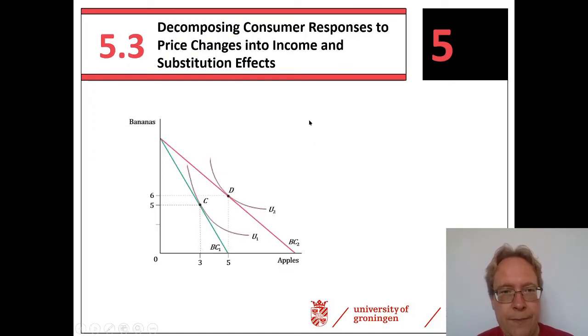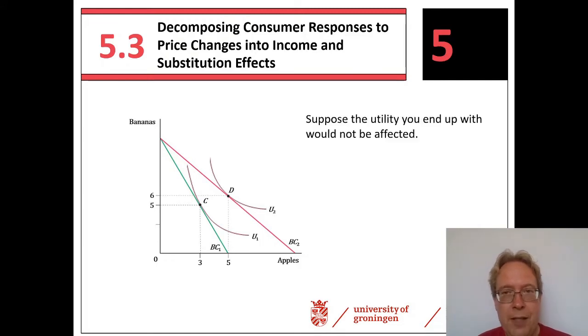Okay, picture. So this is the new price reality, right? This line reflects your relative prices. So let's take away some income from you, so much income that you can just afford to reach the same indifference curve as before, because arguably in that case you're just as well off as you were before.